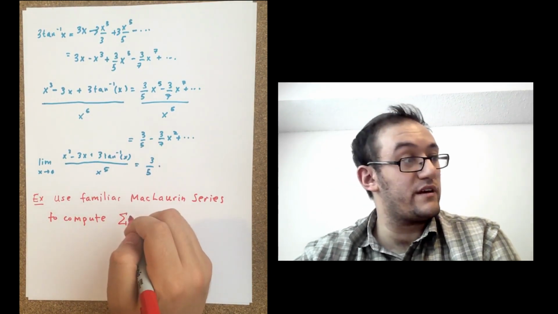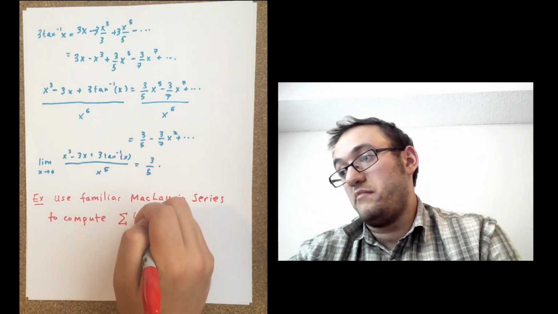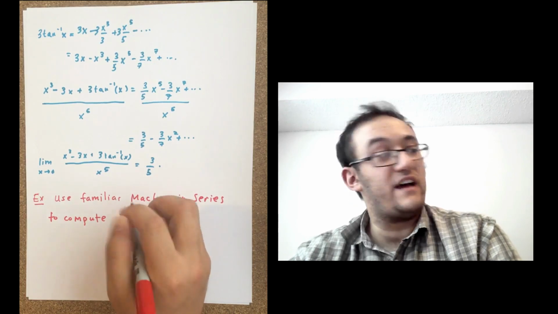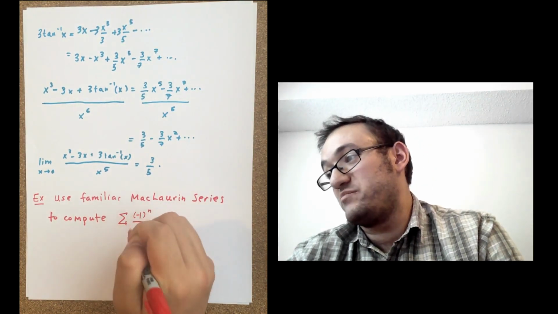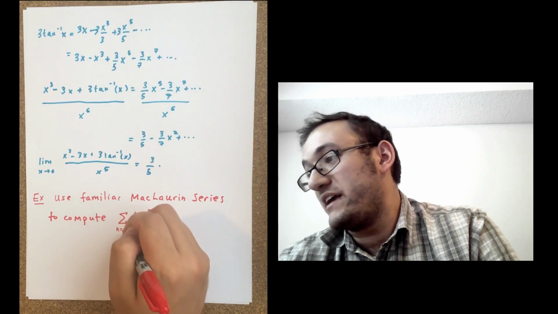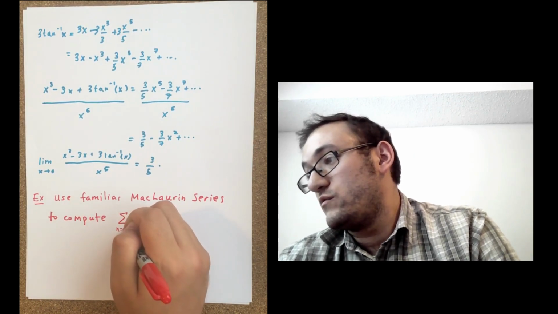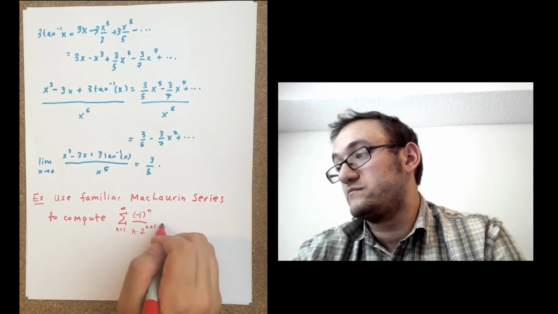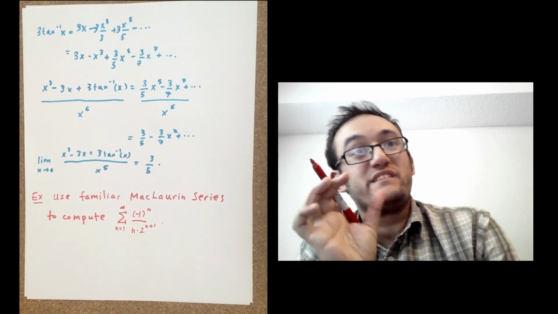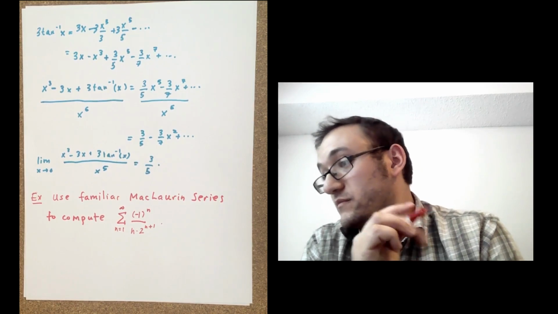We'll start with the sum of minus 1 to the n divided by n times 2 to the n plus 1, where n goes from 1 to infinity. Okay, so we want an explicit formula for this sum.